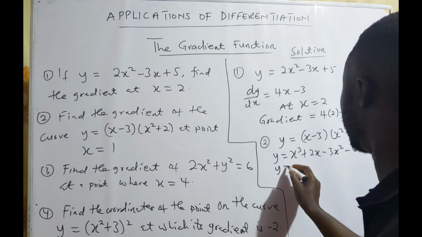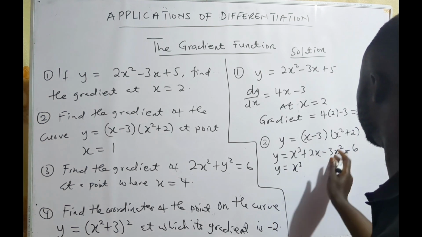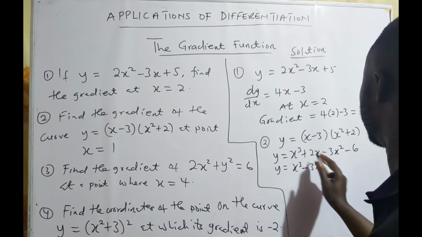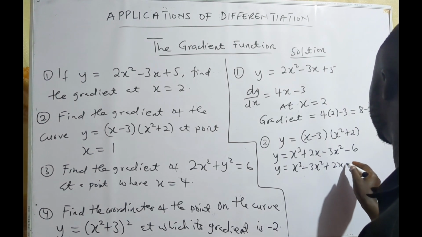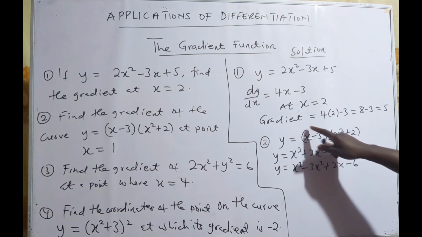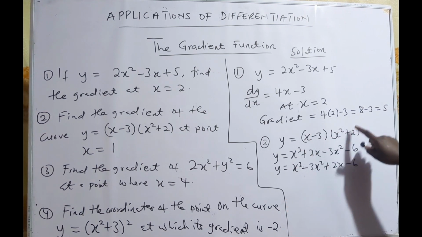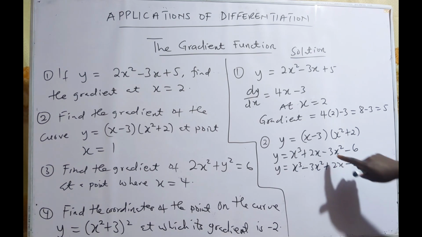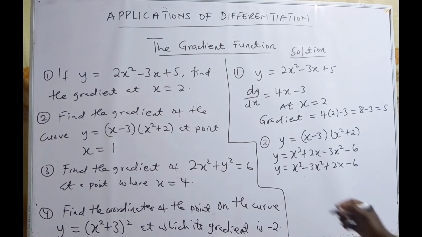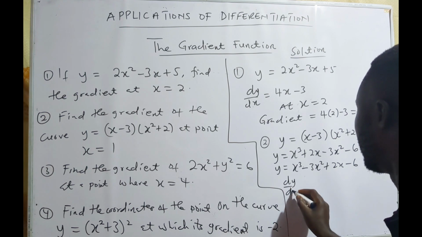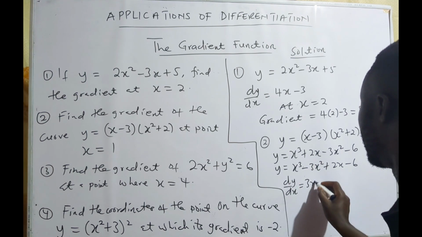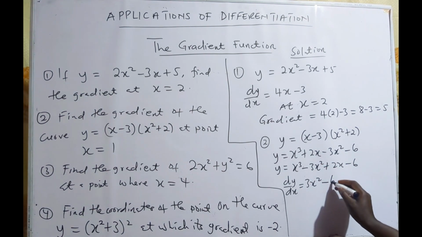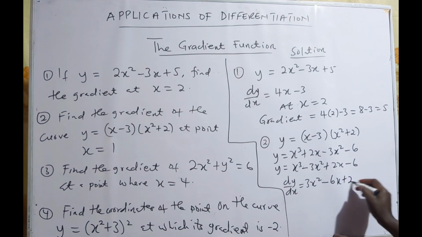So I can write it as y is equal to x cubed minus 3x squared plus 2x minus 6. So now let's differentiate dy/dx. It will give me 3x squared and then minus 2 times 3 is minus 6x, plus 2.